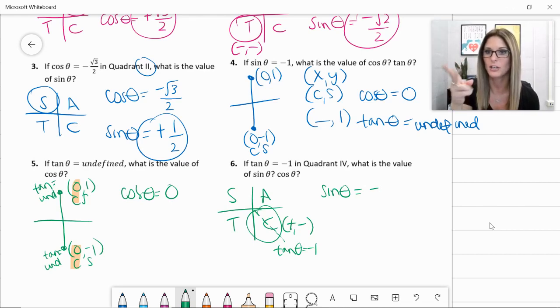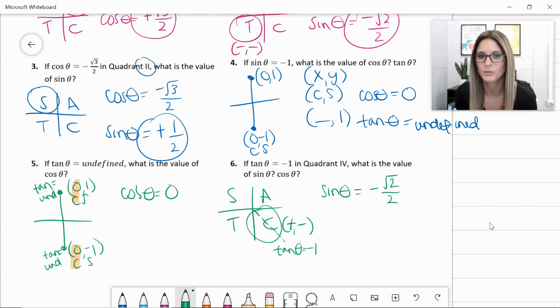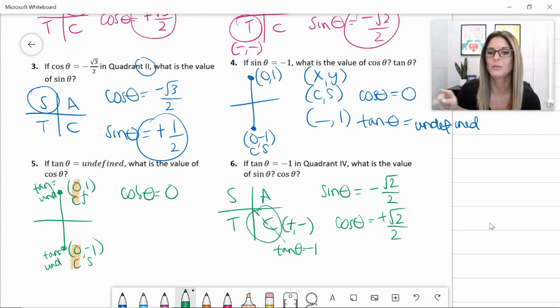So sine and cosine are going to be square root of 2 over 2. I just need to check my signs to make sure that they're falling in the fourth quadrant. So sine is going to be negative square root of 2 over 2. Cosine in the fourth quadrant is positive, but also always married with a square root of 2 over 2. There's your two answers. Sine negative square root of 2 over 2, cosine positive square root of 2 over 2.